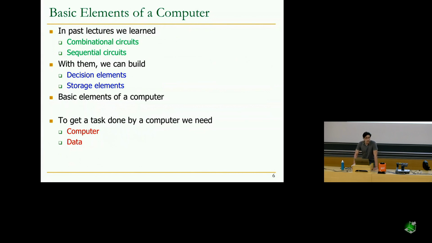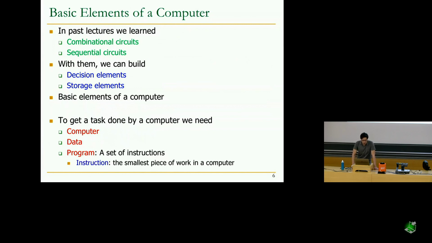We will need data that we are going to process, and we will need a program, which is the collection or the set of instructions or orders that we are going to give to the computer. An instruction is the smallest piece of work in a computer. So that's what we are going to talk about today: how to build a computer, or let's say the most basic design of a computer, and then the instructions that we will execute on this computer.